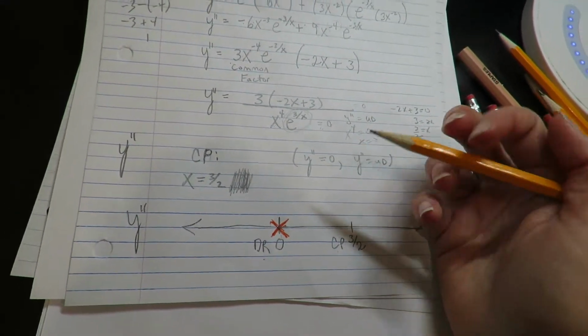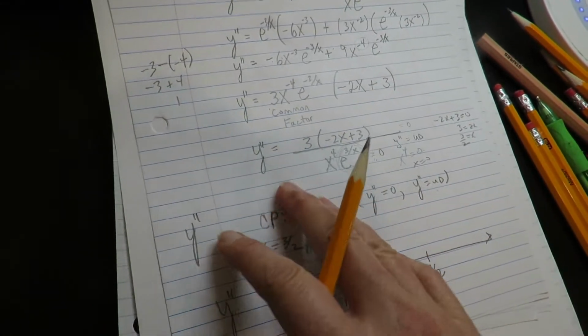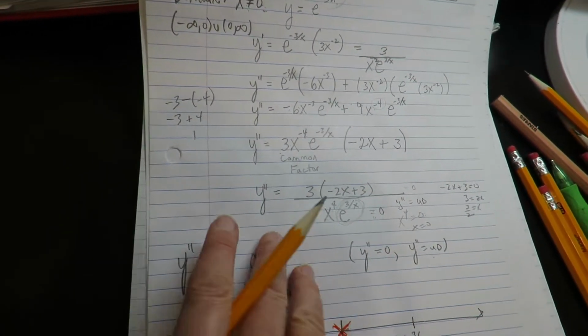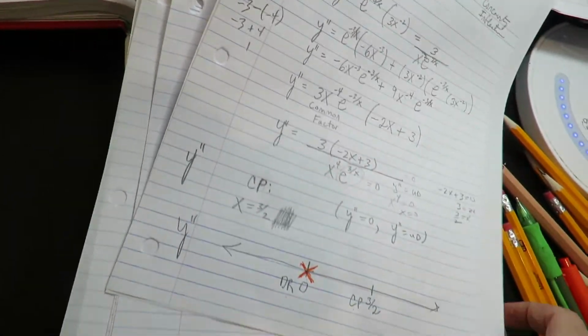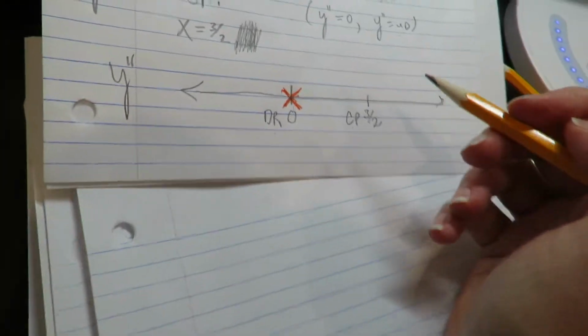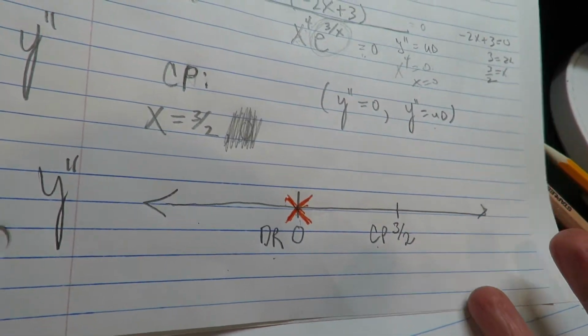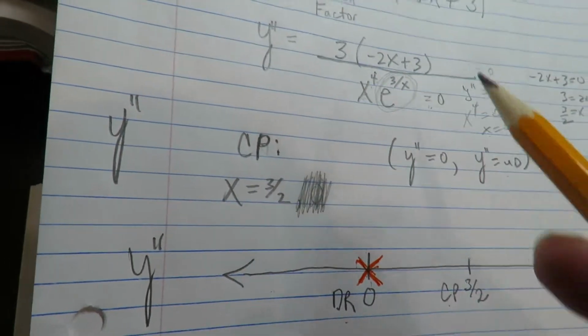Okay, gang, you can see how much lovely room I left myself, so let me add some more space here so I can do this. Alright, so you know when we test for concavity, you have to plug into the second derivative.